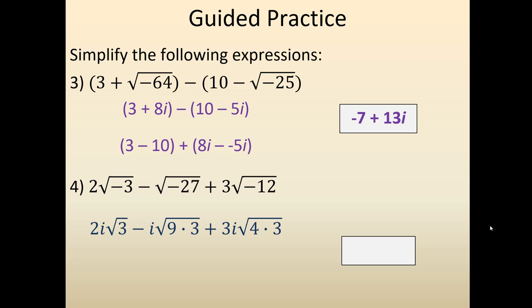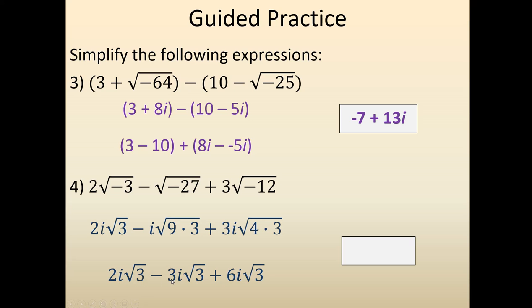So 27 is broken up as 3 times 9. 12 is broken up as 3 times 4. Simplifying this, the radical 9 becomes 3. So the second term becomes 3i rad 3. And over here, radical 4 is 2, times the 3, which is 6.